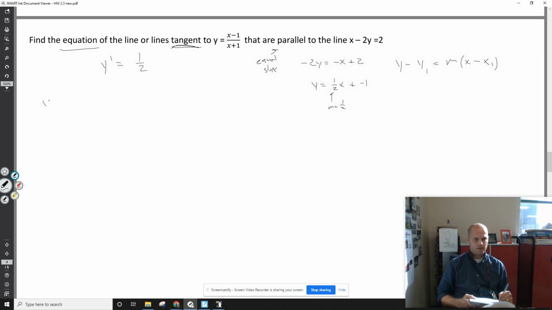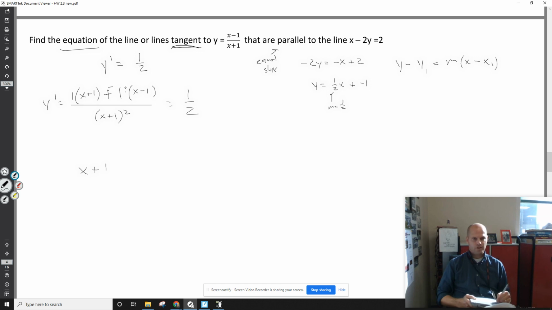Let's find out. Derivative of the top times the bottom minus the derivative of the bottom times the top, all over the bottom squared. When does that equal 1/2? Since we're solving an equation, simplification is really necessary. We get x plus 1.